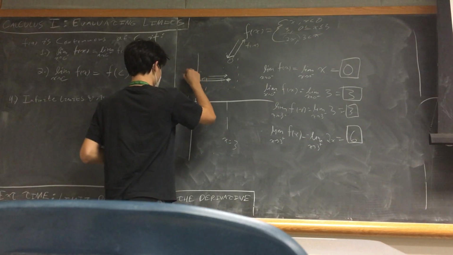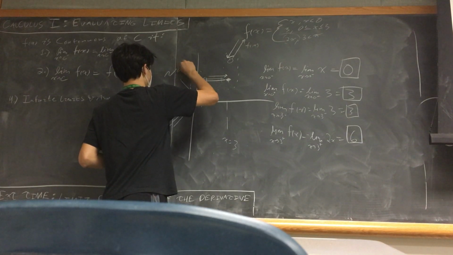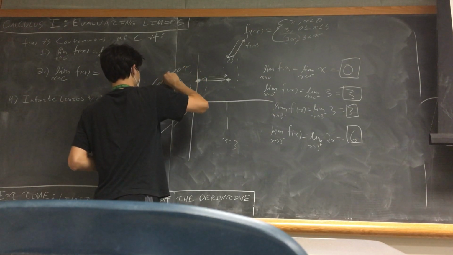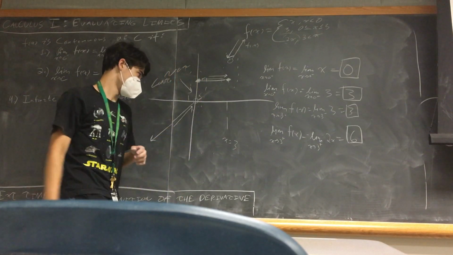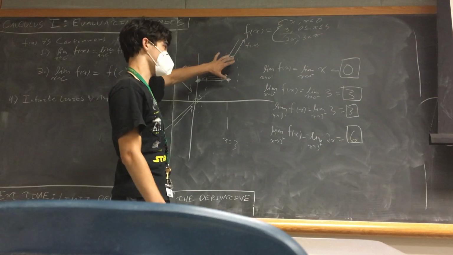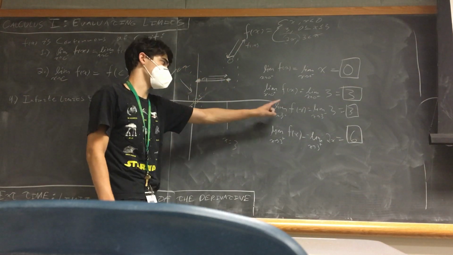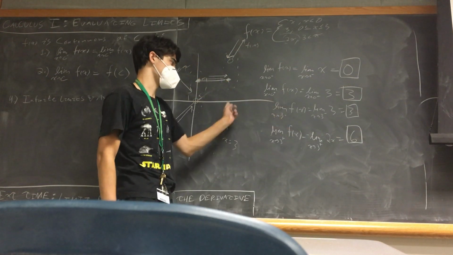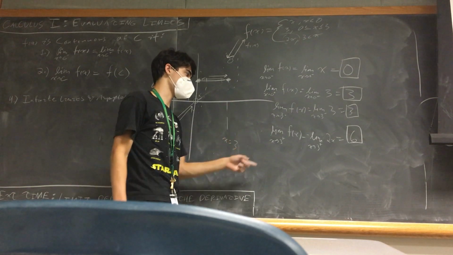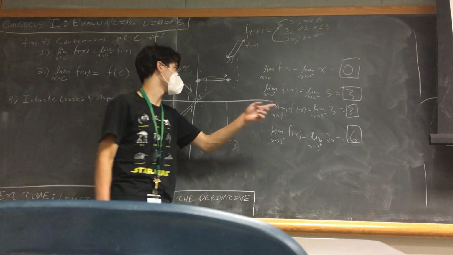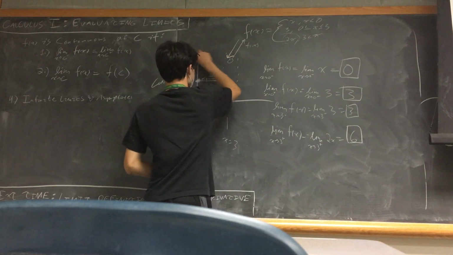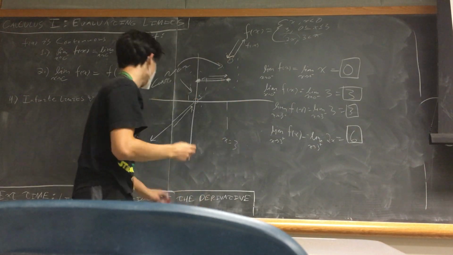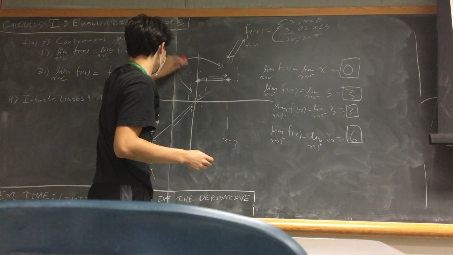Meaning this graph is not continuous. When we look at the same case here, the limit as x approaches 3 from the left of f of x is not equal to the limit as x approaches 3 from the right of f of x. So we say that this here is not continuous.